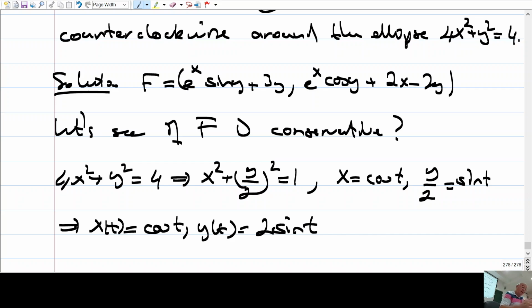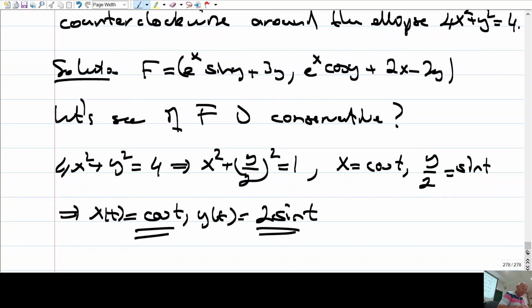Now, if you want to compute the integral directly, you have to take x and y and plug into this equation, and then you have to compute this. But, you know, it looks a bit complicated, right? So let's see first if it is conservative. If it is conservative, then the integral would be just 0.